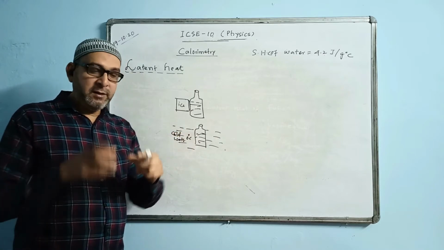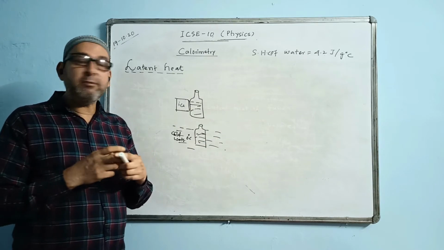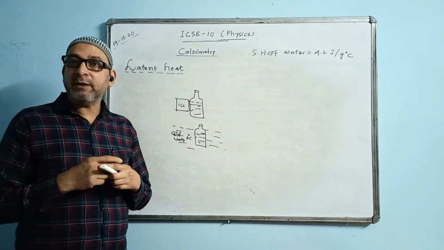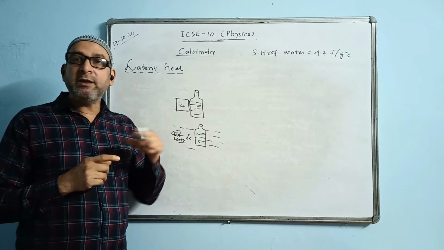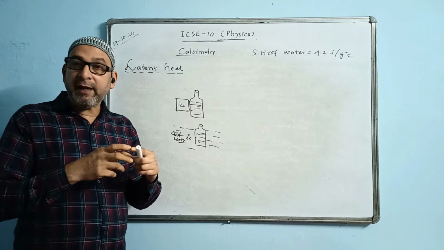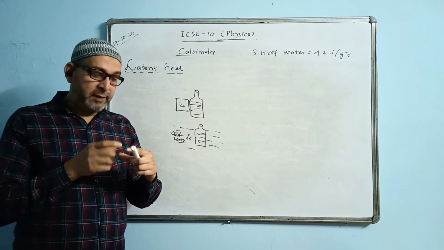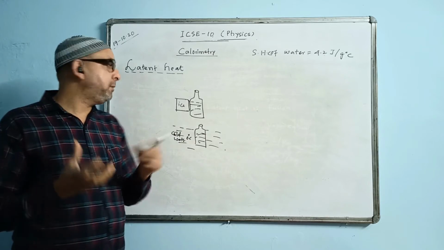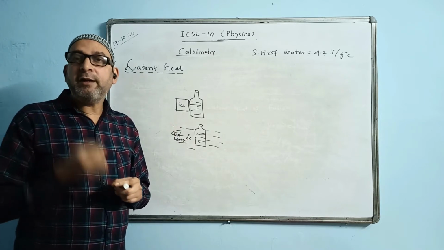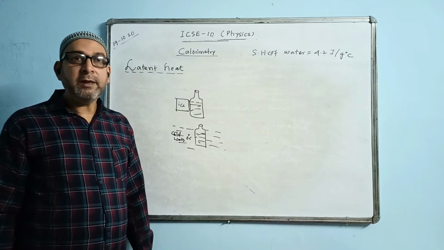That means steam contains an additional quantity of heat. How much additional heat? 1 gram of steam will have 2260 joule of extra heat as compared to the boiling water, as compared to the hot water. So steam contains more heat because of the latent heat, so it can cause a more severe burn. So that is the idea.